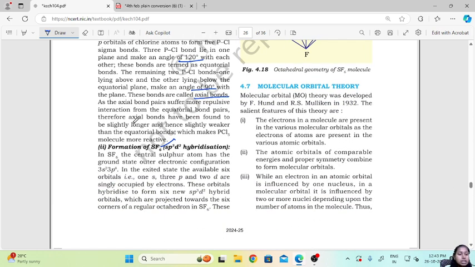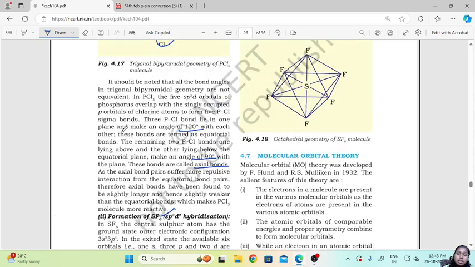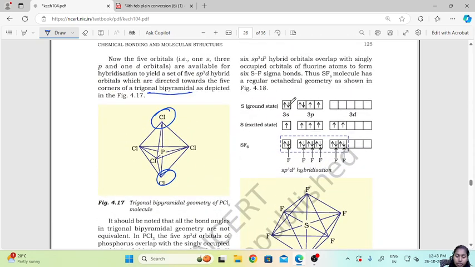Now, the second one is SF6, which forms sp3d2 hybridization. In SF6, the central atom is sulfur, which has a ground state electronic configuration with a completely filled s orbital and a partially filled p orbital, that is 3s2 and 3p4.